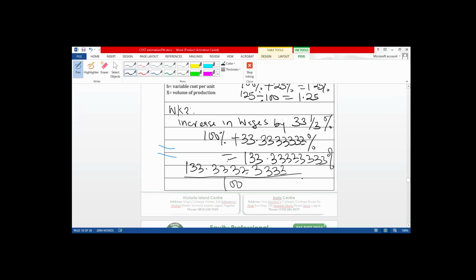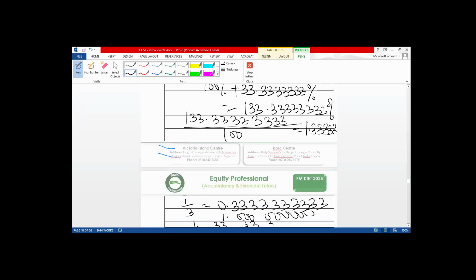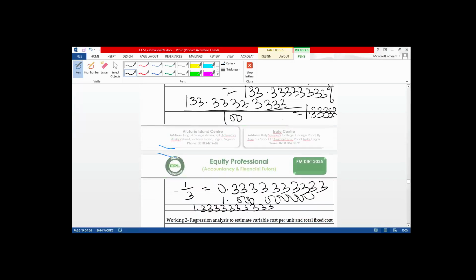If you divide now, you are going to get 1.3333. Continue like that. I hope this point is better now. Perfect. Yes, sir. So I can remove this.